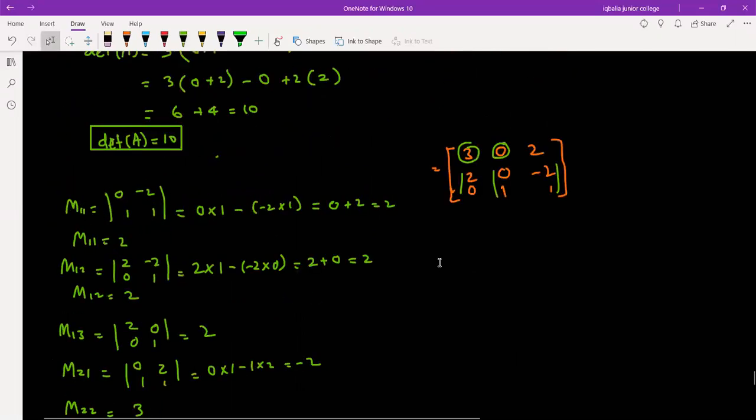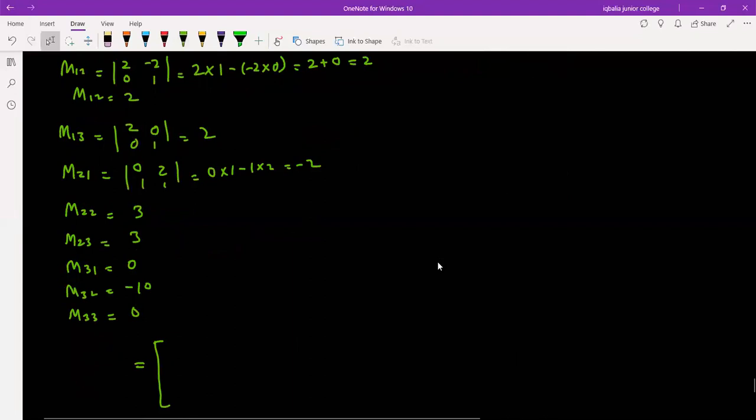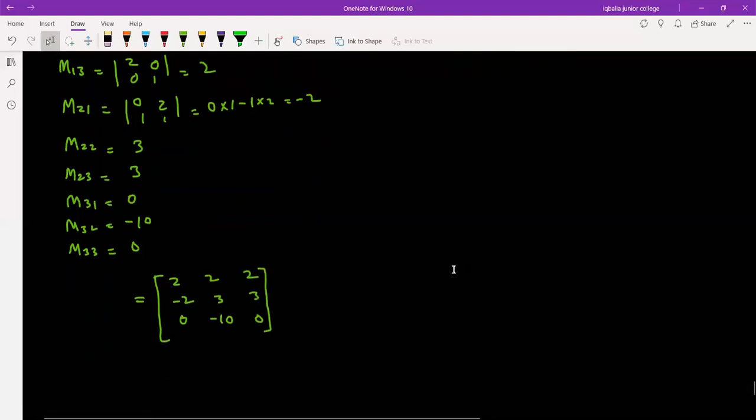The first minor is 2, then second minor is 2, third minor is 2, then the fourth one is minus 2, then 3, then 3, then 0, then minus 10, then 0. These all are 9 minors.